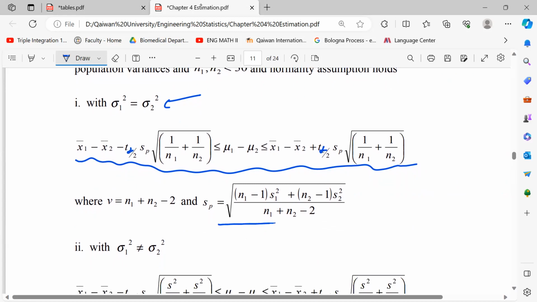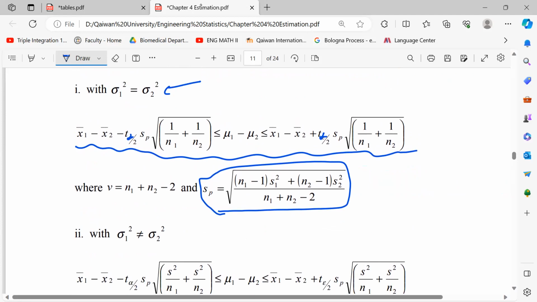And SP is always given in exams. You don't need to memorize SP, just the rule. Look, this depends only on N, X bar, and T. The rule depends on this, and also SP. And SP depends on the variances and N, the population size.